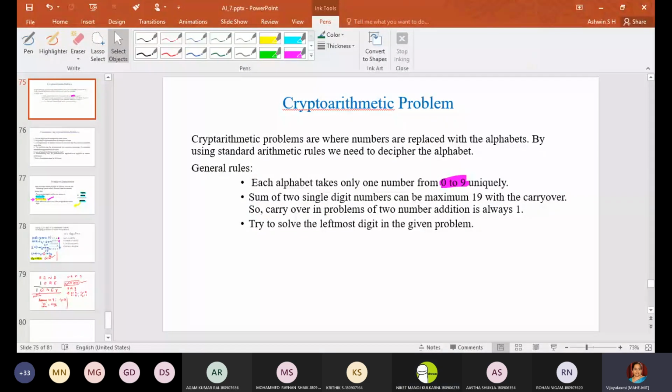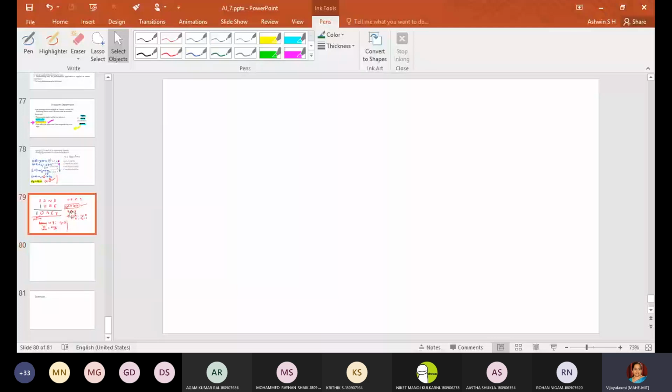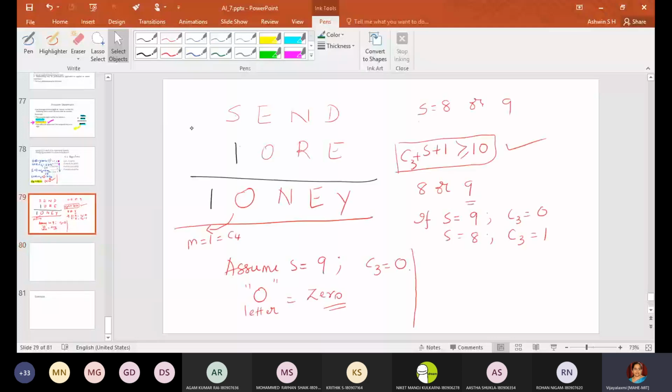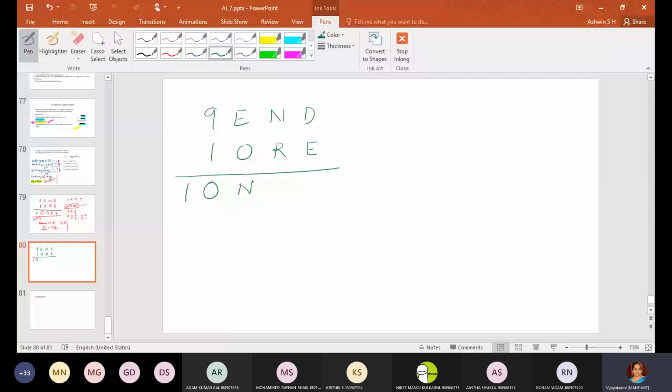Let us go ahead. I will write once again. So what I have here, SEND, 9 E N D, 1 this is 0 R E is equal to 1 this is 0, this is N E Y. Okay, till here we have received.